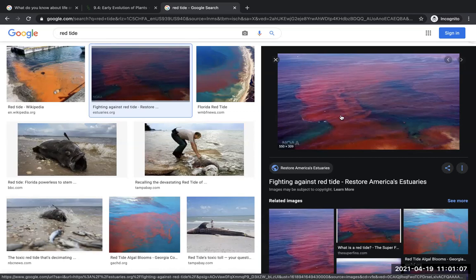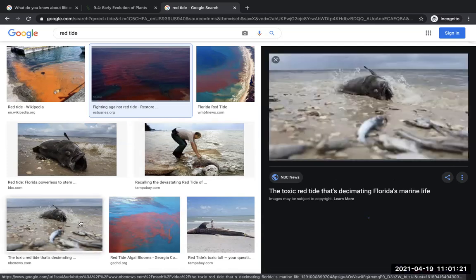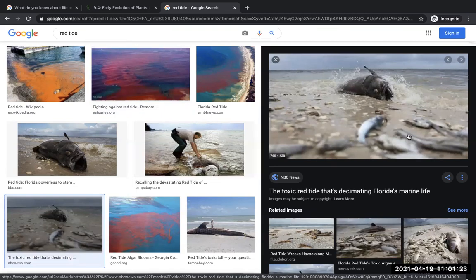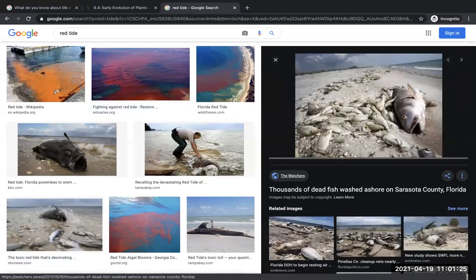It has toxins. It doesn't always look red. This happens a lot in Southern California. So dinoflagellates cause the red tide. Because there are toxins, you might see lots of organisms dying. It can kill lots of organisms, the ones that are feeding on that water.